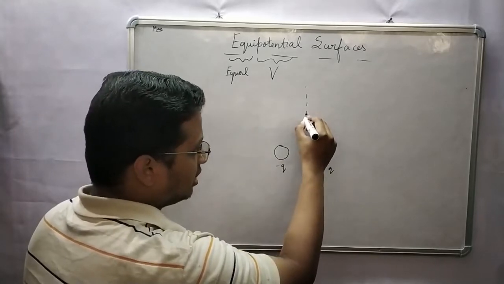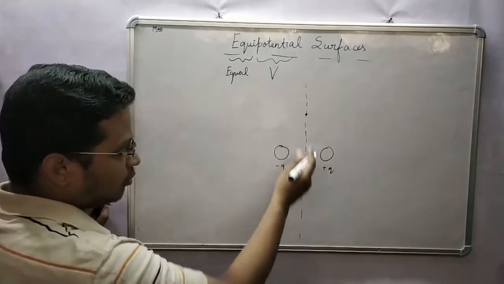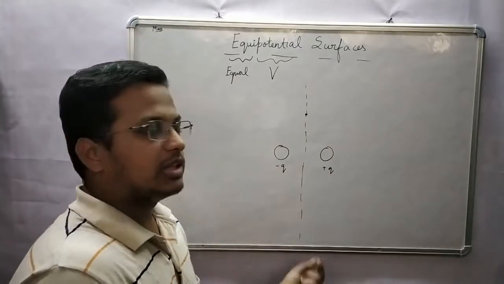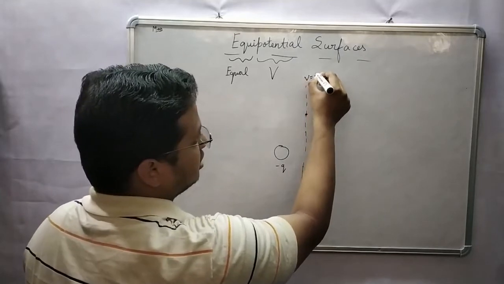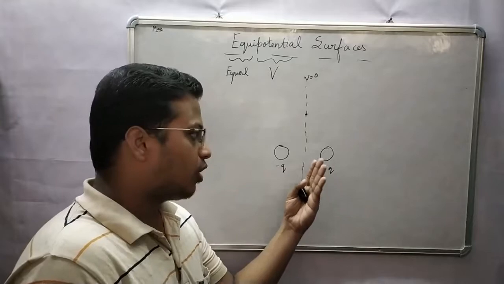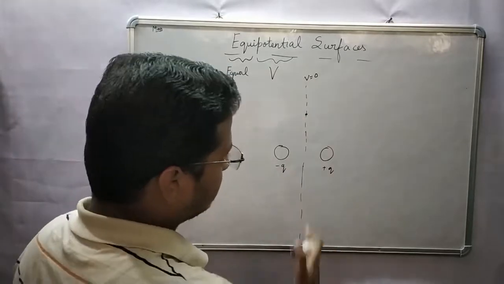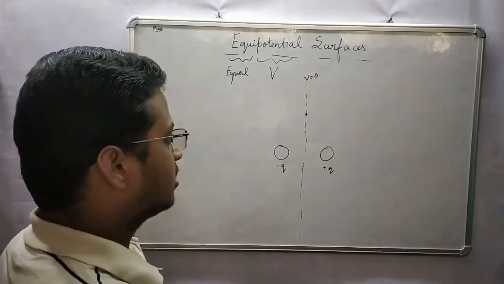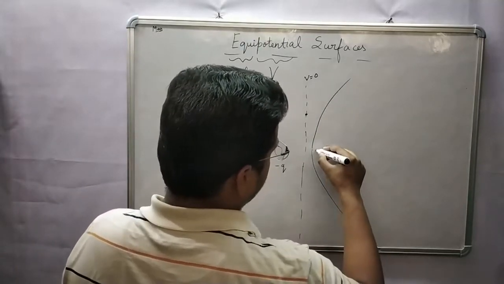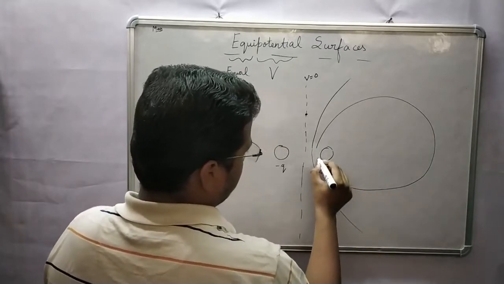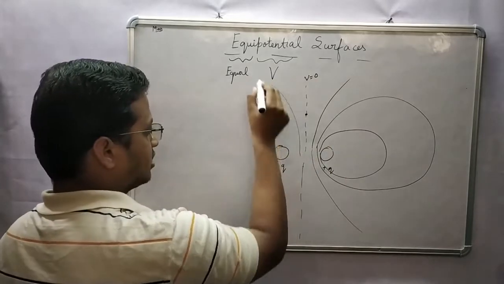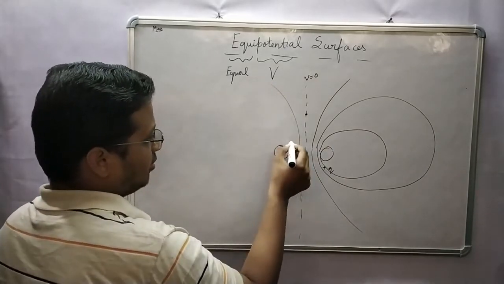That is, if you take any point on the equatorial axis, then the potential at that point will be 0. So at this line, potential is 0. So all the points of this line or this plane, which is like a sheet like this, form an equipotential surface. Similarly, for a dipole, there are some other equipotential surfaces also, which look like this. These are all equipotential surfaces for a dipole.